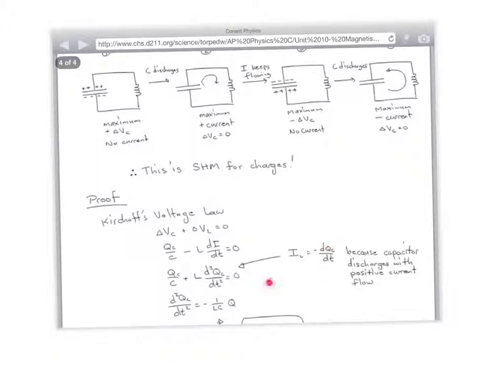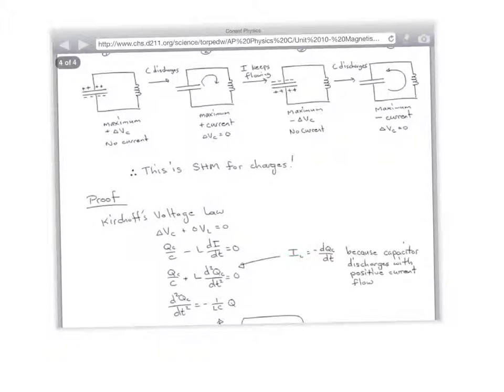You did this in RC circuits as well. Do you remember that? Any charge that flows in this direction through the inductor would tend to decrease the charge on the capacitor. Wouldn't you agree? So positive current decreases the charge on the capacitor, which means that I through the inductor equals negative dq over dt for the capacitor.